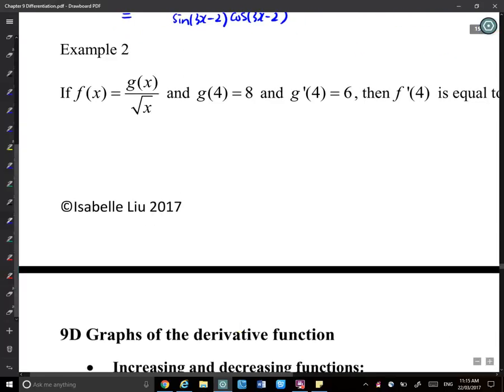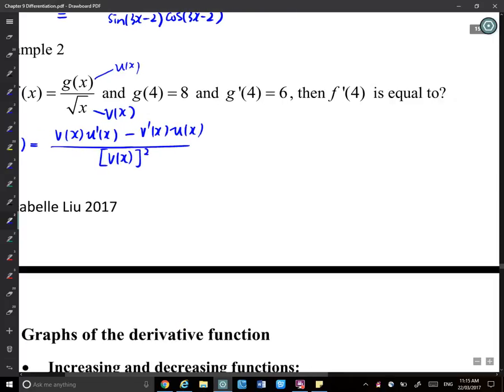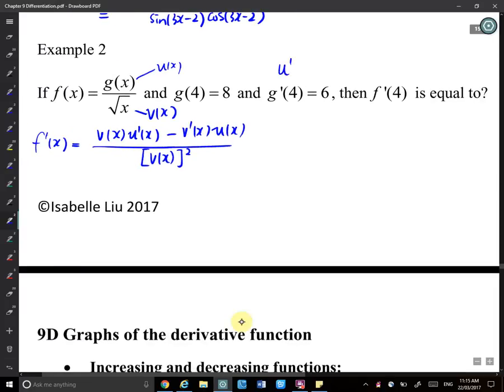Before I find f dash x, let's name that ux and vx. So you know that f dash x should equal vx times u dash x minus v dash x times ux over vx squared. That's the formula. Let's have a look. What is u dash x? U dash x is just g dash x, because I don't know the equation, I just use notation to represent that.